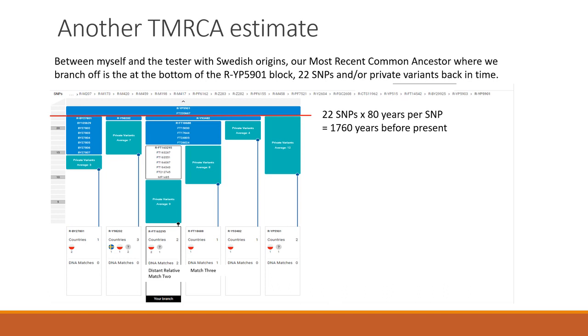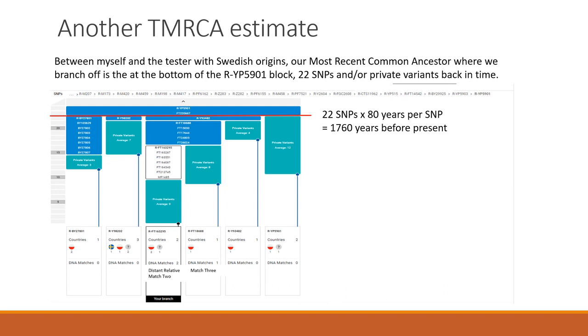So we'll go up the block tree and find our most recent common ancestor where our lineages both meet, and that is at the RYP5901 block. So to get the estimate, we click on that block, and that brings that flush up against the SNP ruler and has everything as far down the block tree as it can go.